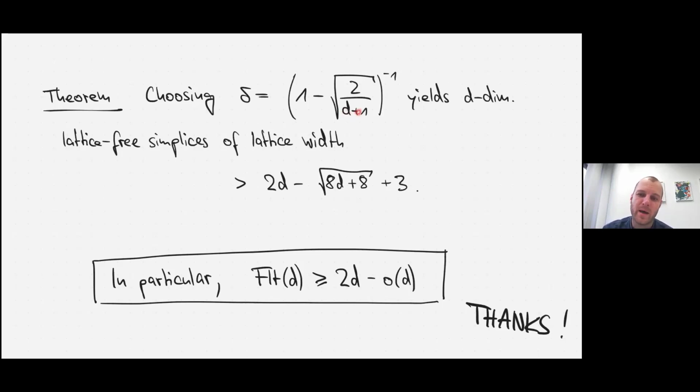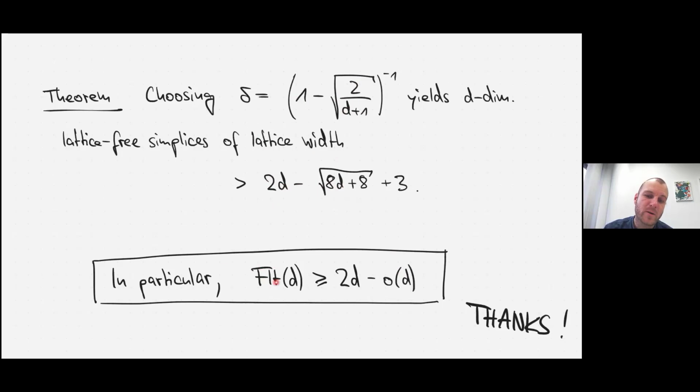But now we have it. If you choose this and plug it into the previous statement, you see that the lattice width is in fact 2 times the dimension minus some lower order term. The O of d here is basically square root of d. And that's it. That's the construction.